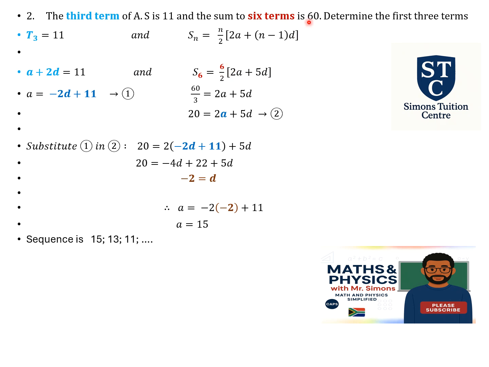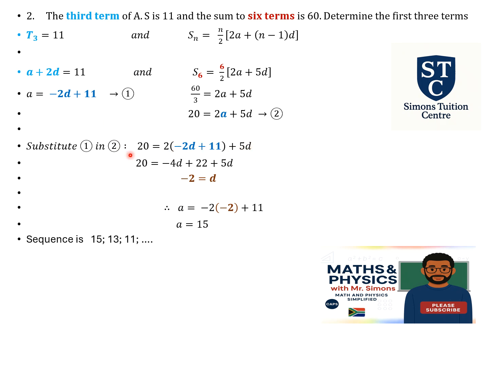Sum to 6 terms is 60, so 60 divided by 3 equals 2a plus 5d. 60 divided by 3 gives me 20, so 20 equals 2a plus 5d. Now in place of a, I'm going to put minus 2d plus 11, so 20 equals 2 times (minus 2d plus 11) plus 5d.